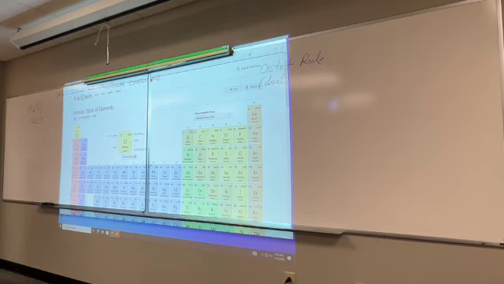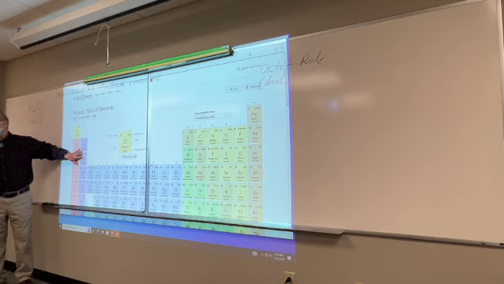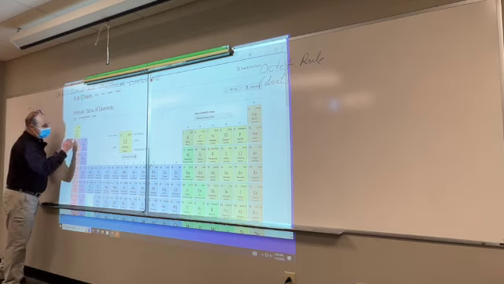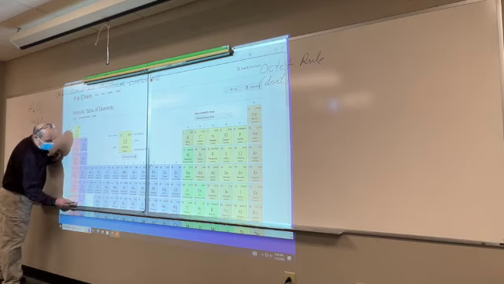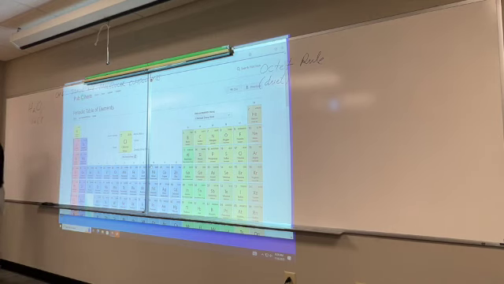Can we say with a certain degree of certainty whether any of these elements are going to be losing, gaining, or doing something else with electrons? And the answer is yes, we can. We can be certain that elements in this area are always going to be losing electrons. These are called metals.